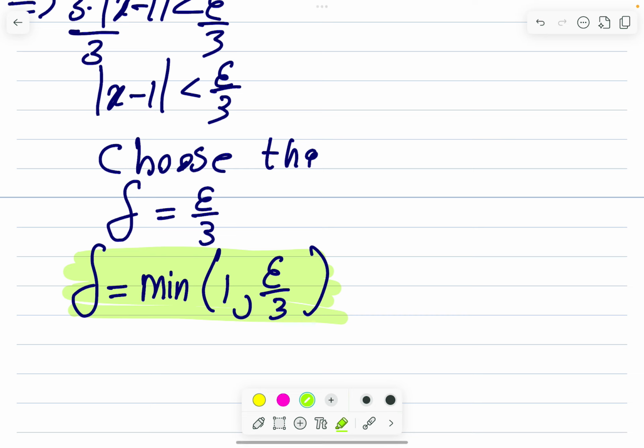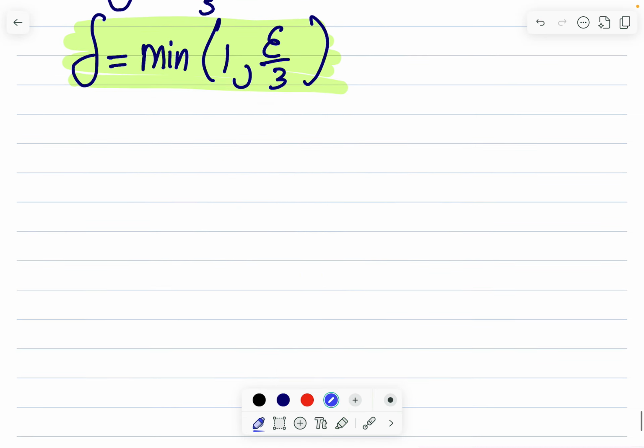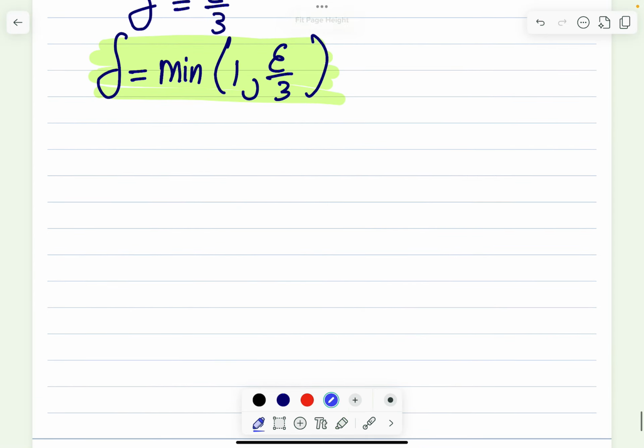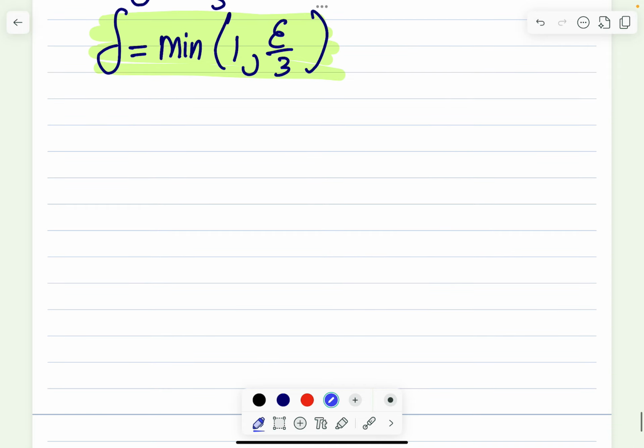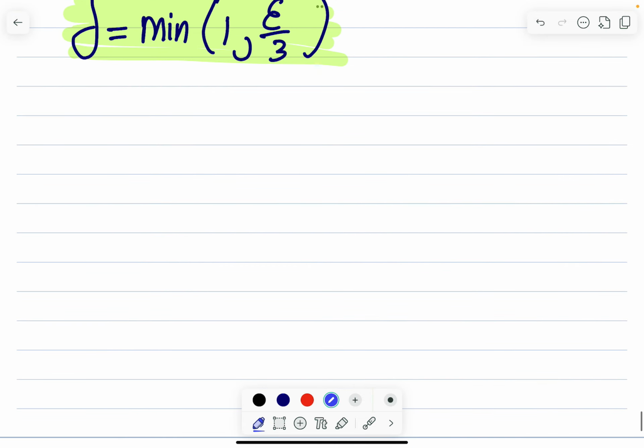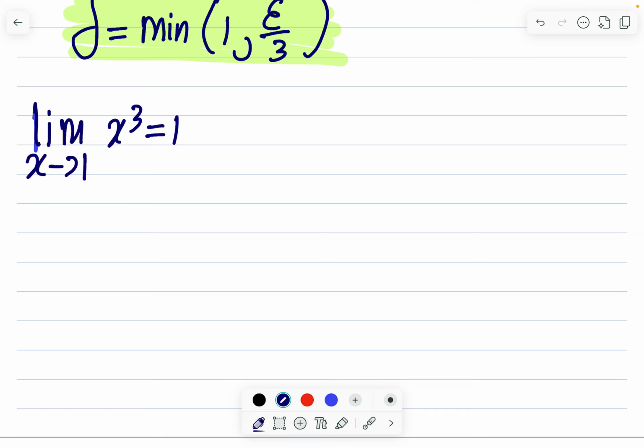Understand? So now let's check another part, another harder one. You're going to check the limit as x approaching 1 of x cubed equals 1.